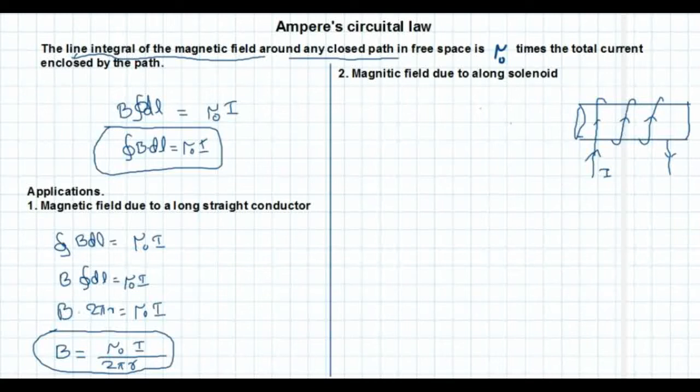Then next we may apply Ampere's circuital law, and before that we want to construct an Amperian loop here. So in this case we are constructing an Amperian loop which is nothing but a rectangle.